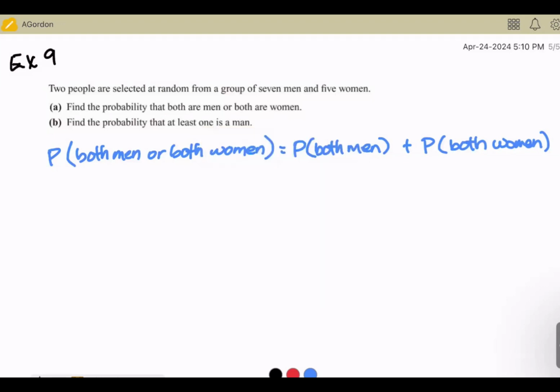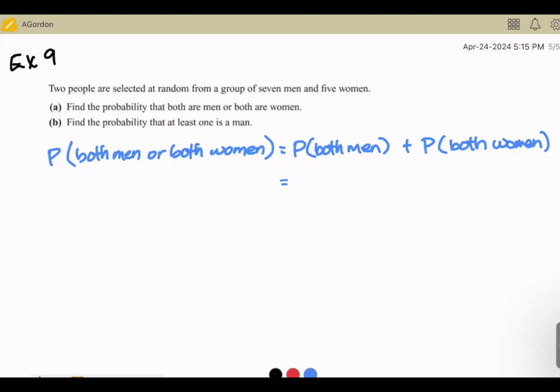And how do we calculate those? This was shown in an example in 7.2, equally likely events. So we need to find some combinations like we did in chapter 6. We can use some of those counting methods.